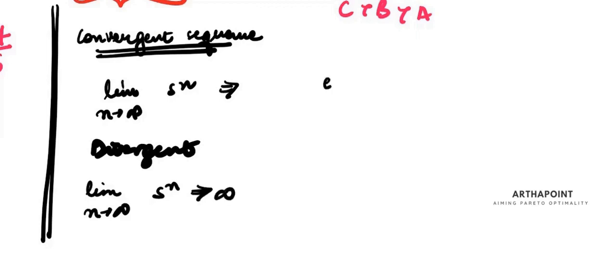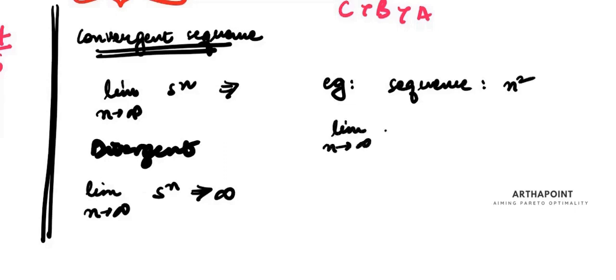So for example, if I say my sequence is n square, then as limit n tends to infinity, the sequence of n square will simply give you infinity because you're just saying infinity square. As n keeps on increasing, your number will keep on increasing.